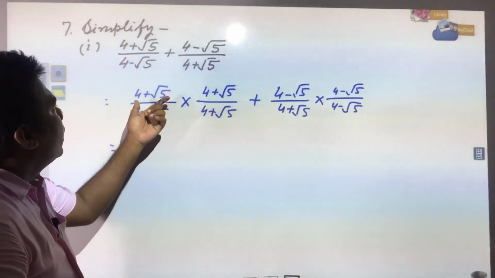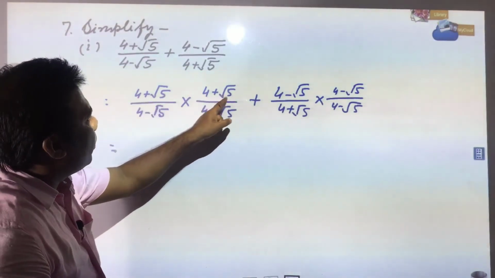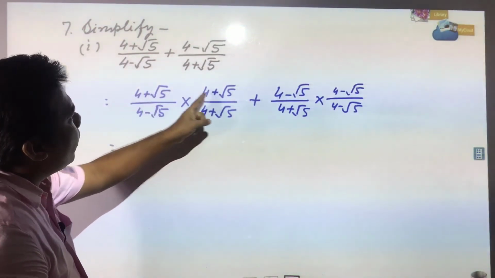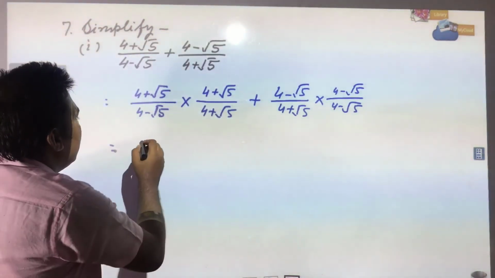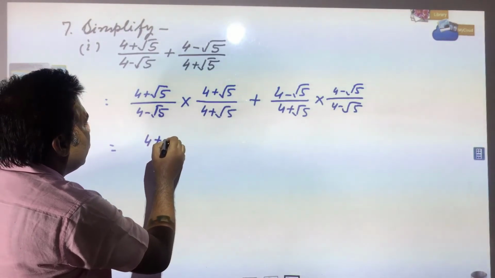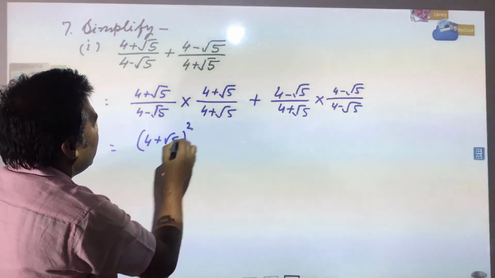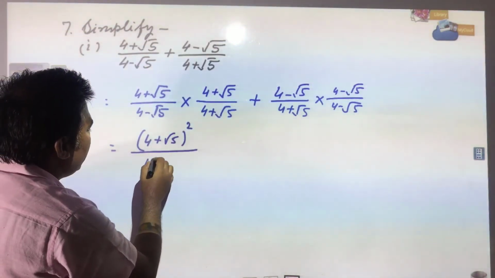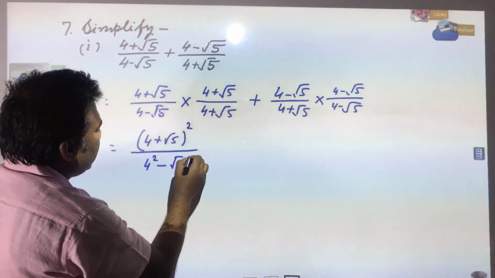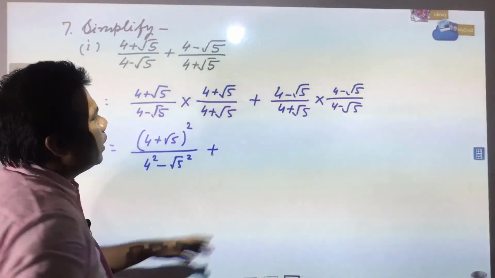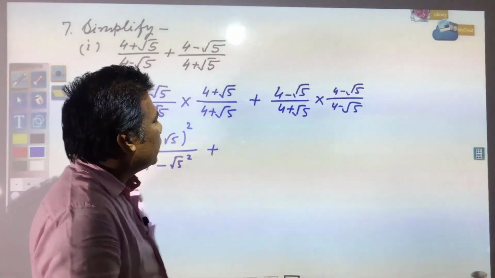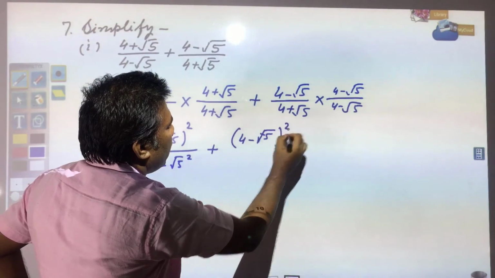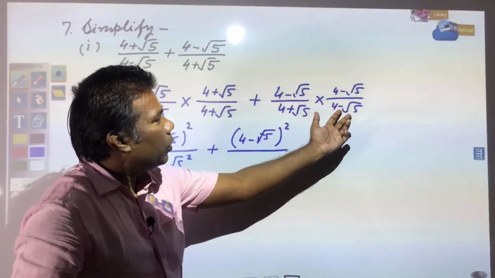Here you see, a plus b into a minus b formula you can use, or as I told, separately you can multiply and write. So, this will be 4 plus root 5 whole square divided by a plus b into a minus b, and that will be 4 square minus root 5 square, plus here you see 4 minus root 5 whole square divided by a plus b into a minus b.